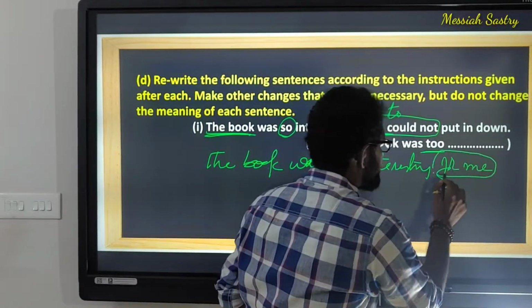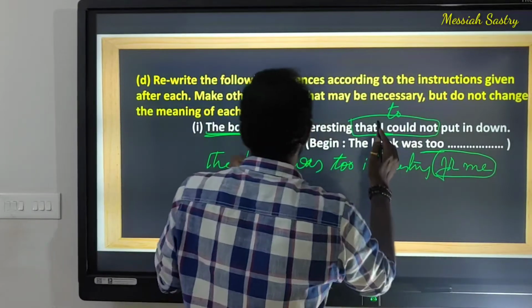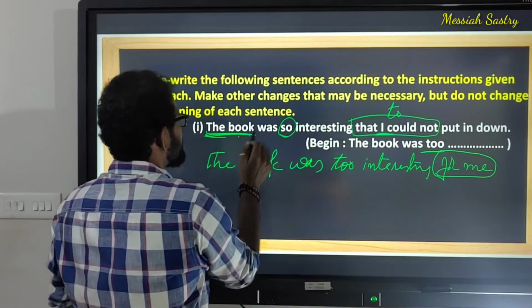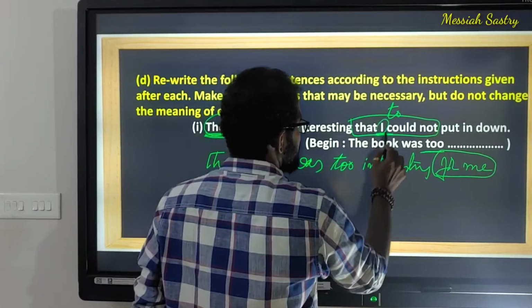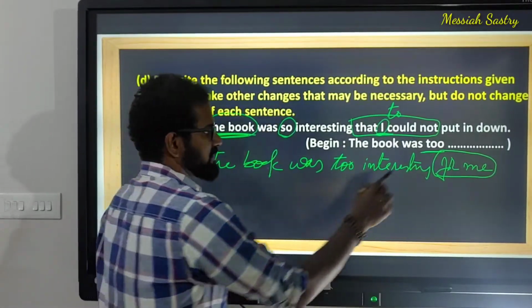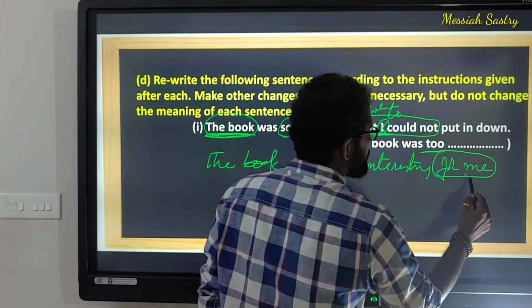This must be added. When should we add "for plus subject"? When the two subjects differ. And here the subject is I. Suppose it was not I but we, then it is supposed to be "for us."